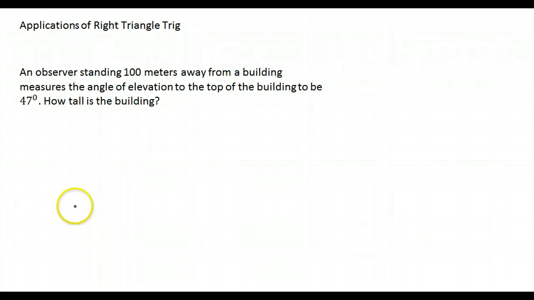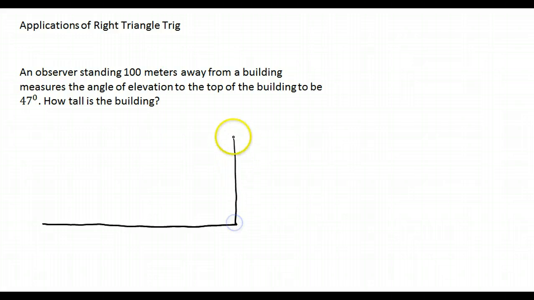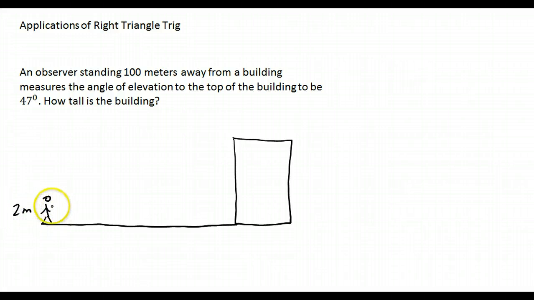Okay, so we're going to do one more example of applications of trig. And this one involves getting the height of a building. So let's say that you've got a person standing here, and they're 2 meters tall, okay? And they are also 100 meters away from the building.